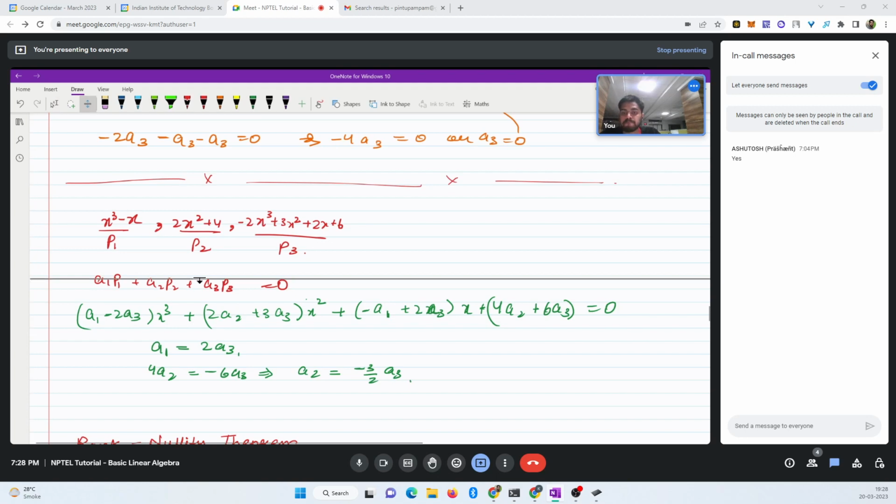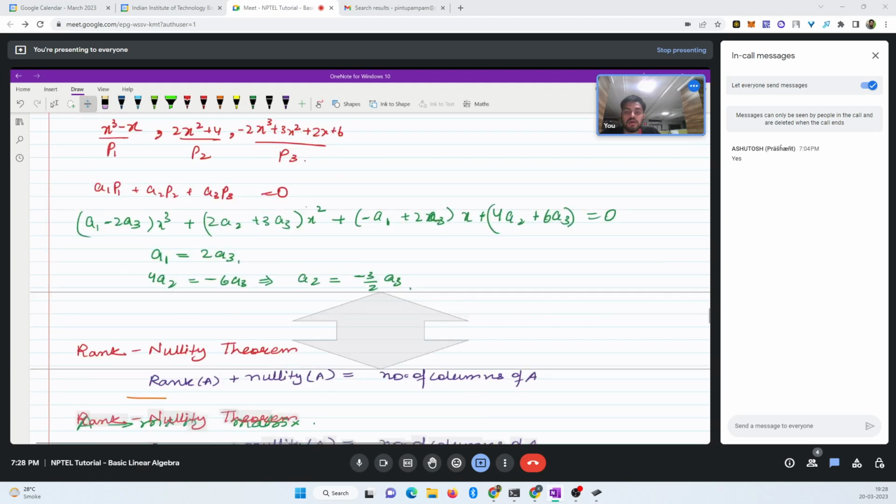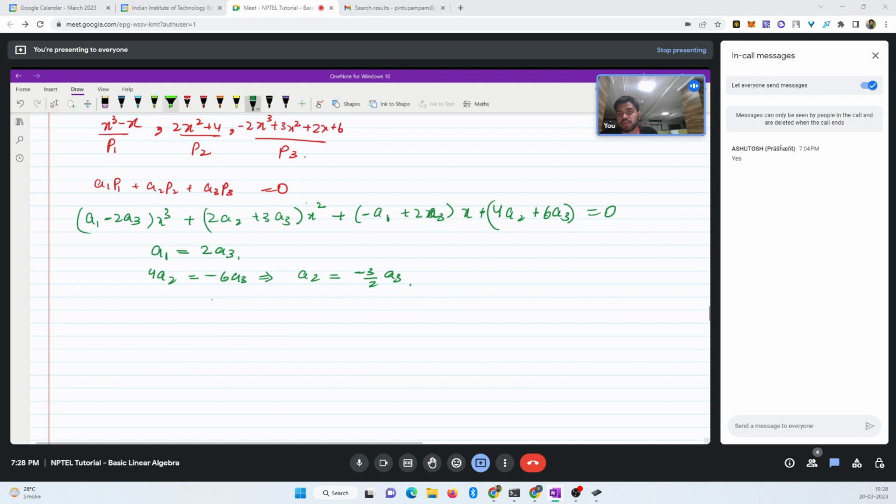Let's put it in this equation right here and see if we can obtain something. This equation also gives us 2a2 is equal to minus 3a3, or a2 is equal to minus 3 by 2 a3, so we don't get any new information.